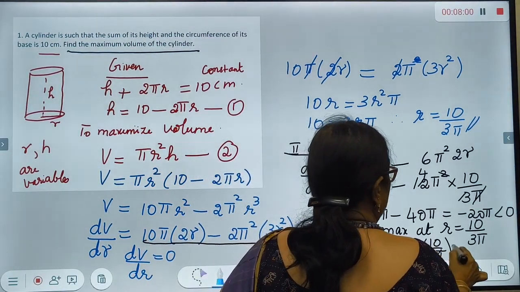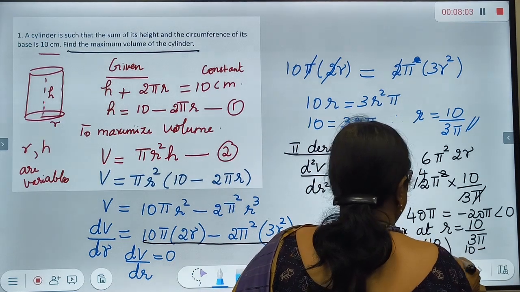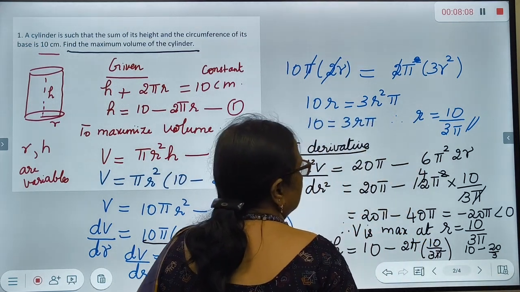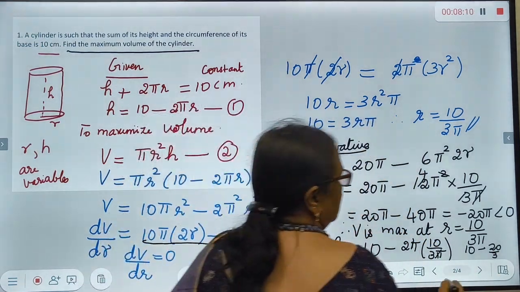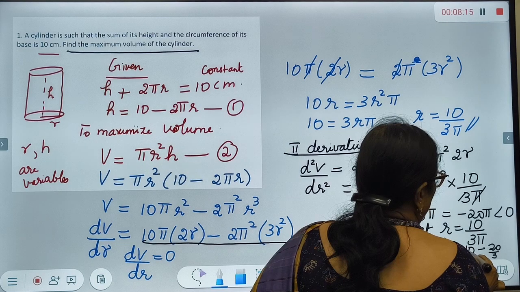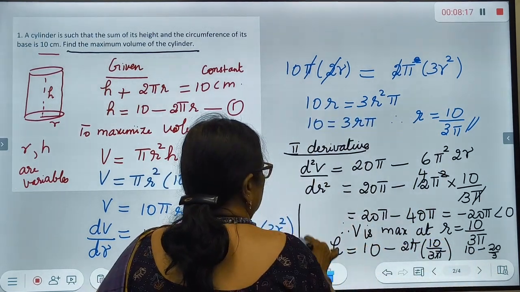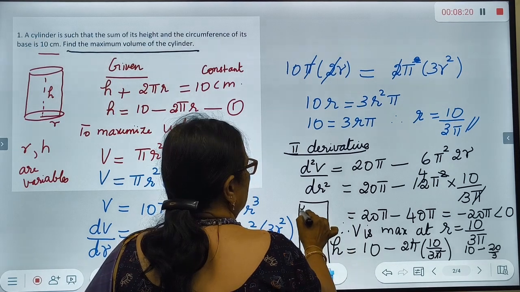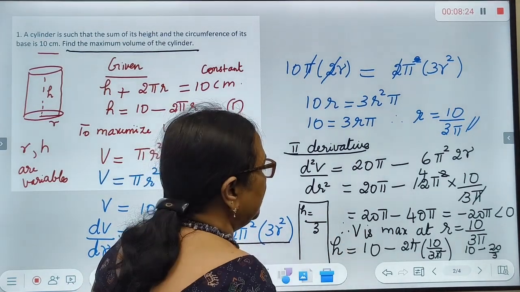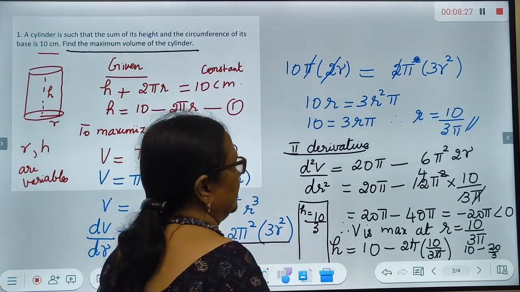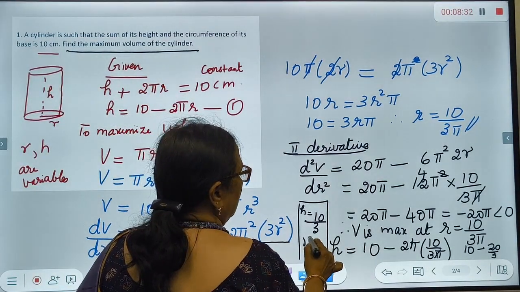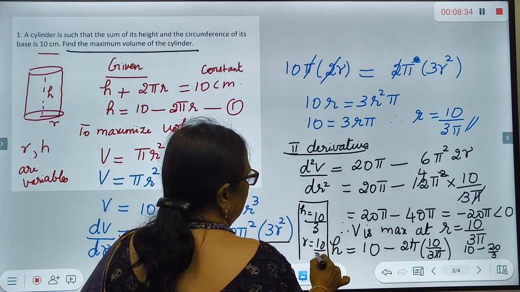So pi gets cancelled. 10 minus 20 by 3 is h. If I take LCM, 3 is LCM. So 30 minus 20, 10 by 3. So h is 10 by 3. R equal to 10 by 3 pi.